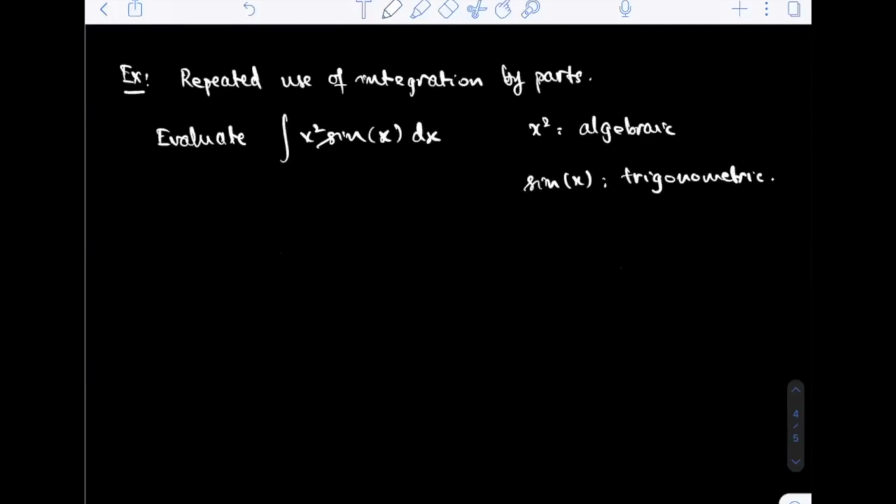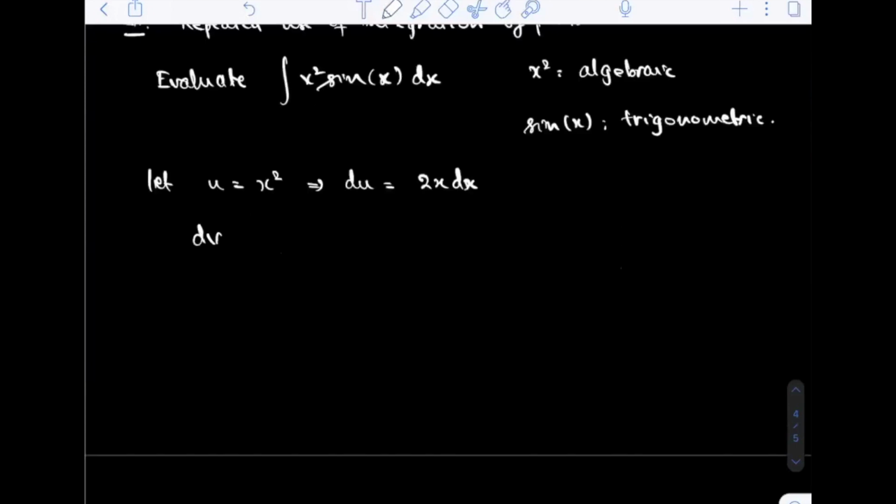So you let u equal to x squared, and therefore du is equal to 2x dx, and dv is equal to sine of x dx, or v is equal to negative cosine of x.